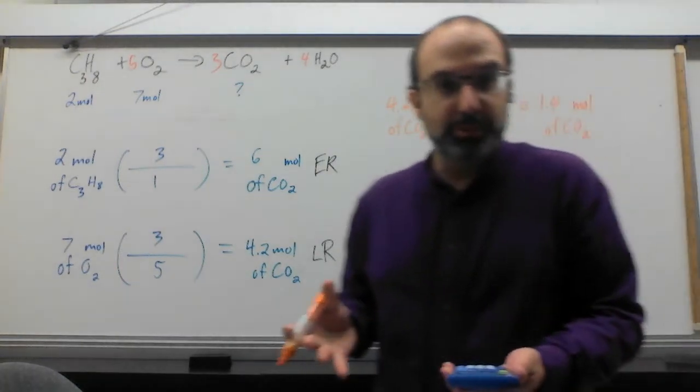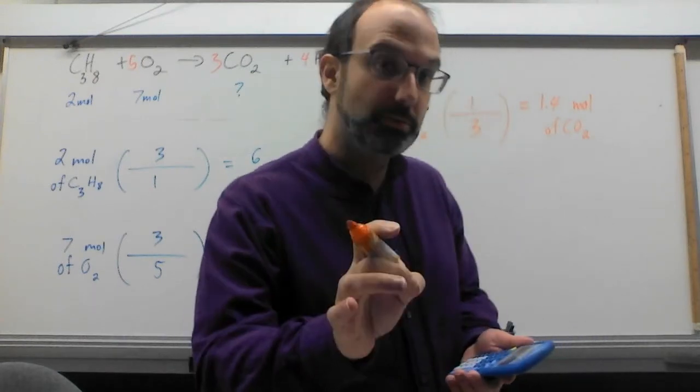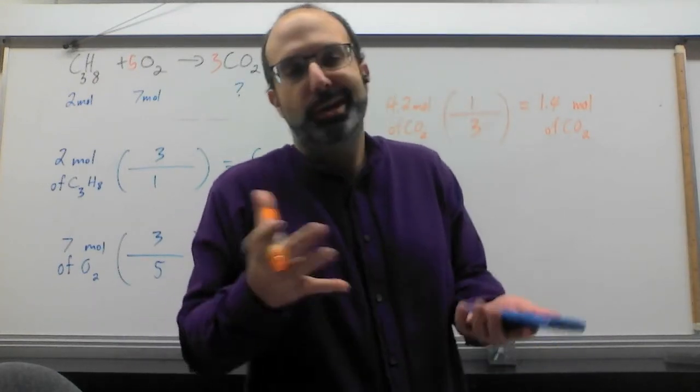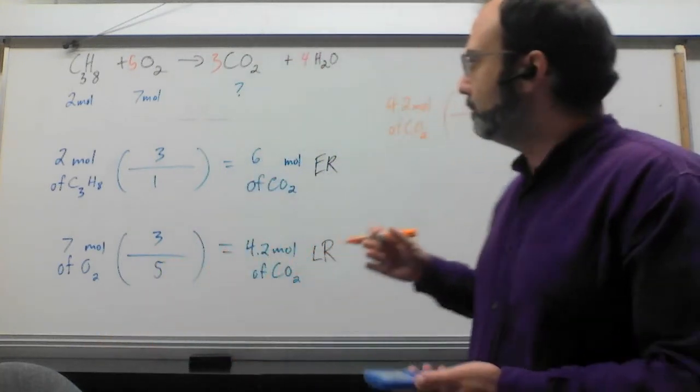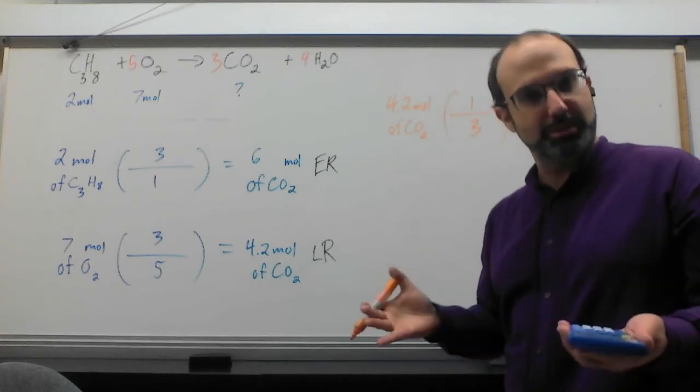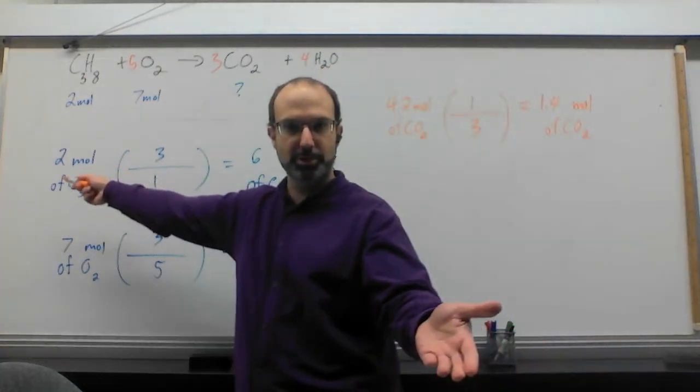Now, this 1.4 is the 1.4 that I used in order to make this 4.2 moles of product. What I'm saying is, of course, that we ended up using up this much. Now the question is, how much did I start with? I started with 2.